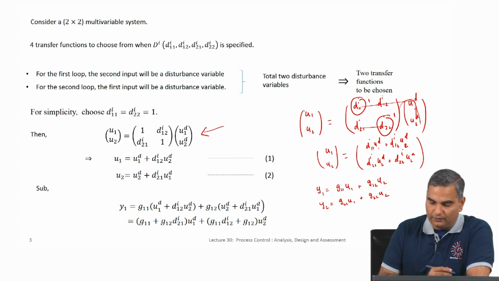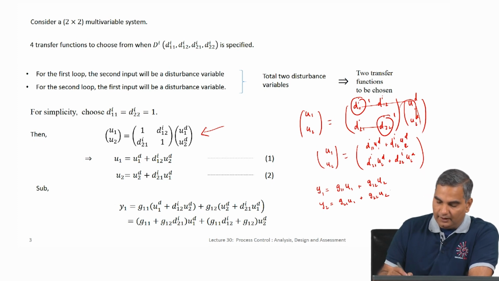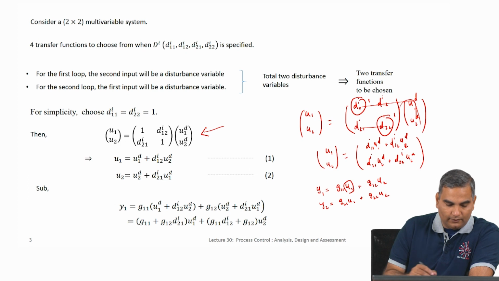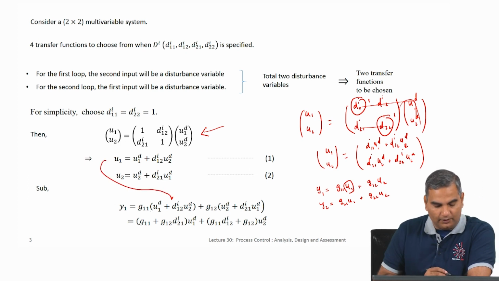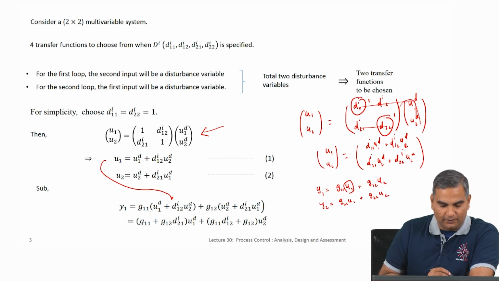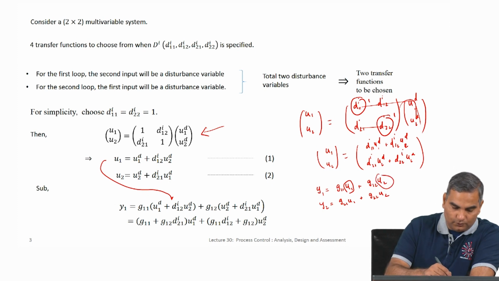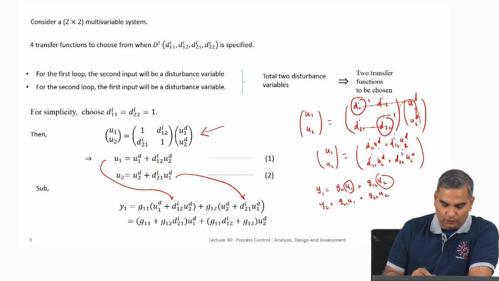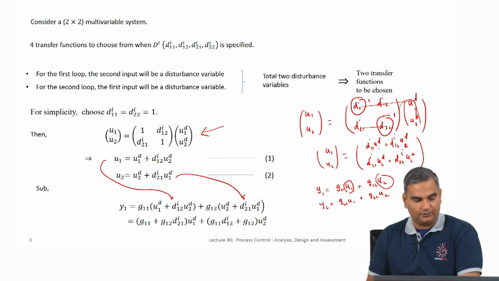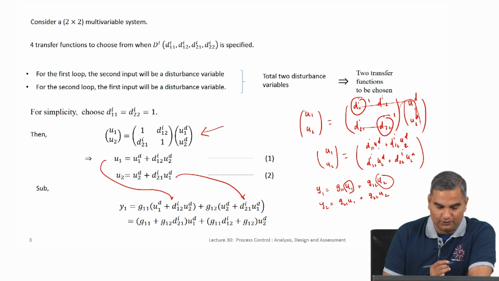Let us look at what we do with y1. What we are going to do is this u1 we are going to substitute from here. So y1 is g11 times u1 decouple plus dI12 u2 decouple, plus g12 times, for this u2 we are going to substitute this here. So this is going to be u2 decouple plus dI21 u1 decouple. So very simple resubstitution.